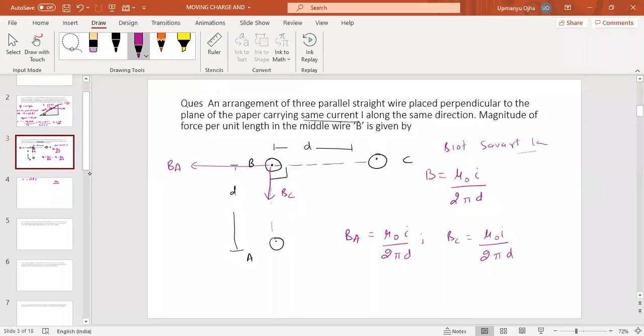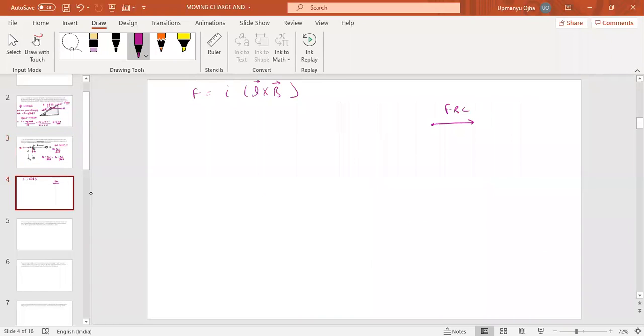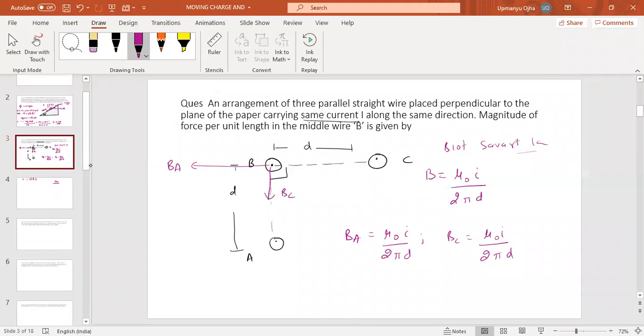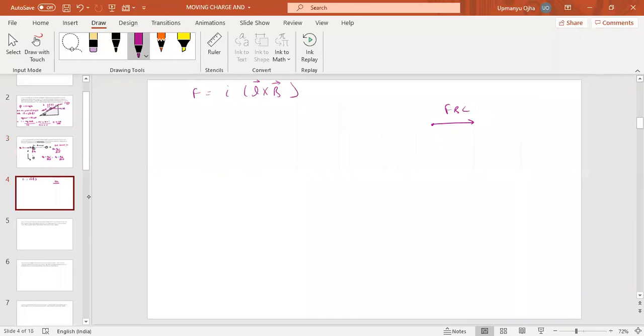I think you got how we got the direction of FBC by Fleming's left hand rule. The direction of force due to C on B will be on the right side. Similarly, using Fleming's left hand rule, the force on B due to A will be downward. You can also use Fleming's left hand rule and see whether I have written correctly or not.